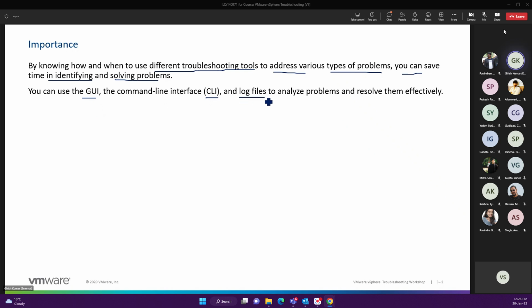You can also access various kinds of log files to find what exactly happened in your vSphere environment. The various files we have at the vCenter Server level, ESXi level, and VM level, we're also going to see and discuss in this entire module, so we can understand what exactly happened and accordingly apply a solution to resolve the issue.